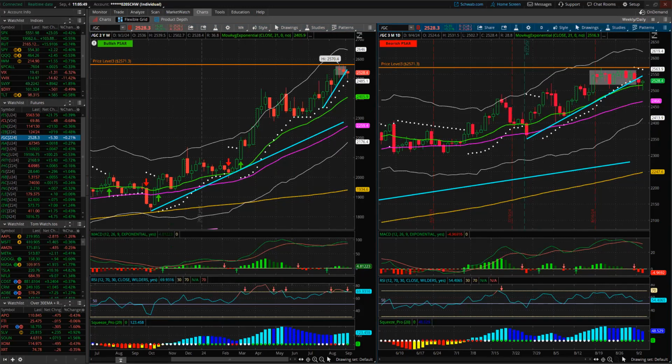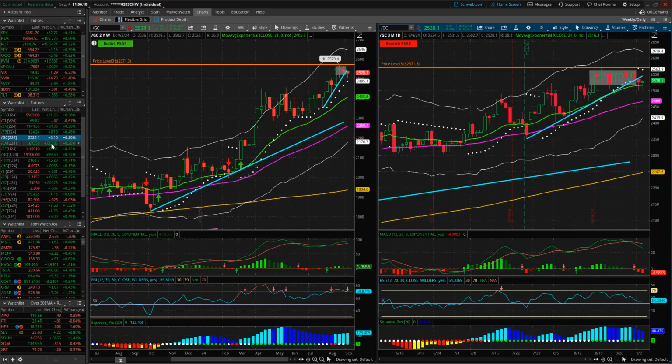I think 111s, 112s on gold, you could even do put credit spreads. Even though we're overbought, I wouldn't necessarily do a call credit spread here, because I don't know that we're selling off that hard.